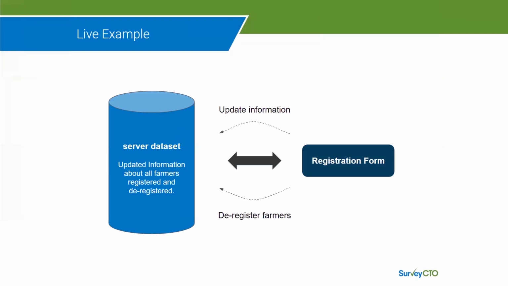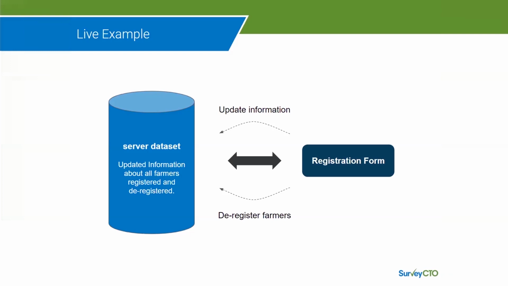The form is both publishing form data to the dataset and is also pulling data. In this form, you are able to do one of three actions. You can register a farmer, you can deregister a farmer, and you can change or update information on the dataset.